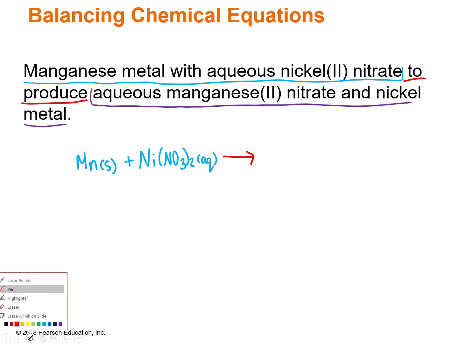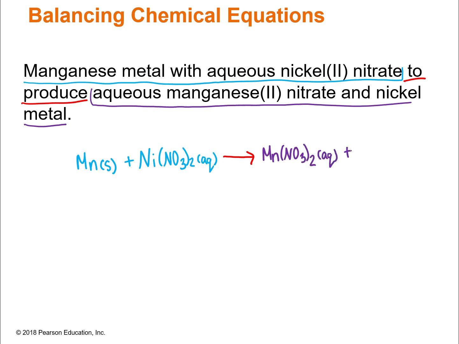We're just producing something, so there's no heat, no catalyst. Our products are aqueous manganese 2 nitrate. Again, manganese is different from magnesium. You'd be surprised how many times I see that. And we've got nickel metal. What kind of a reaction is this?